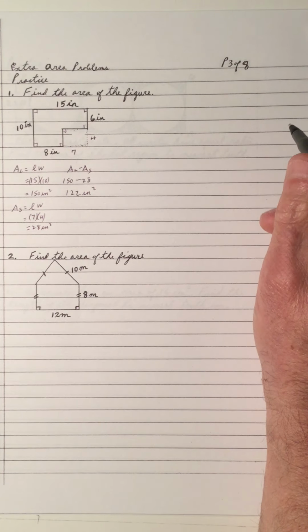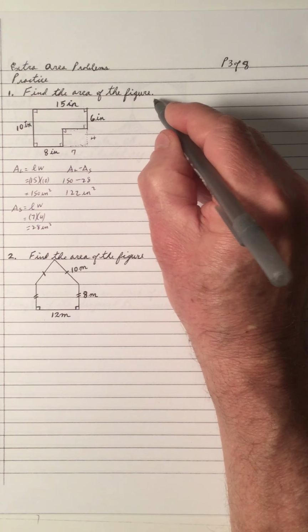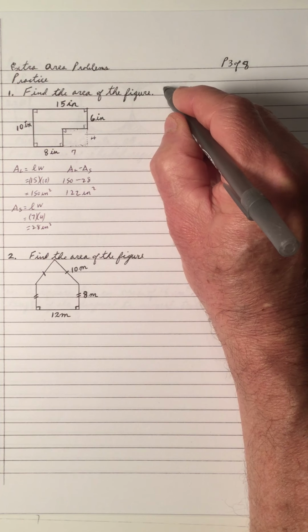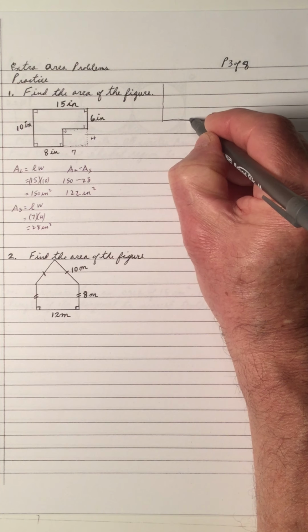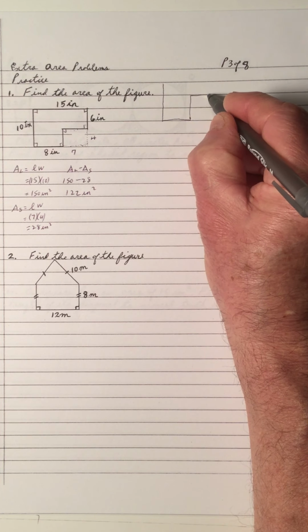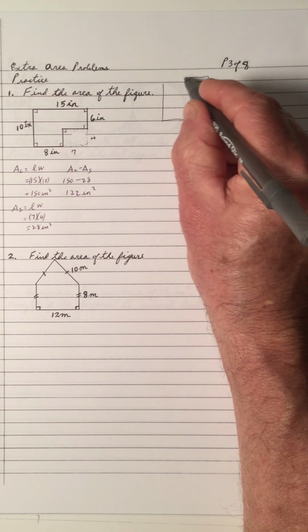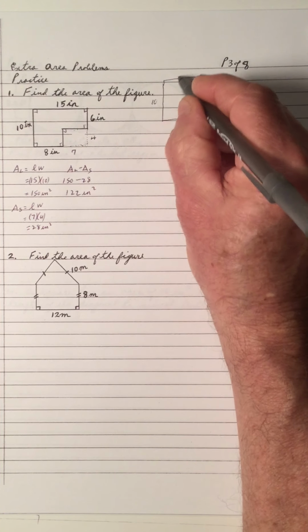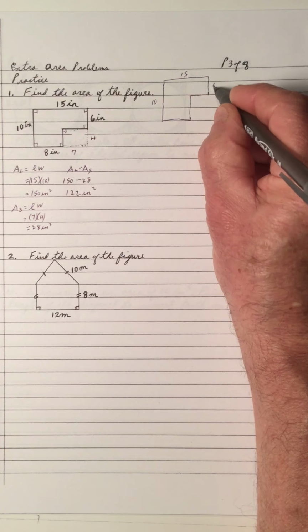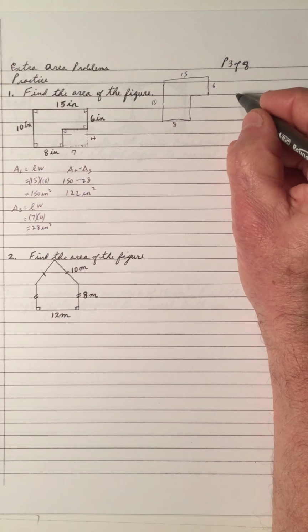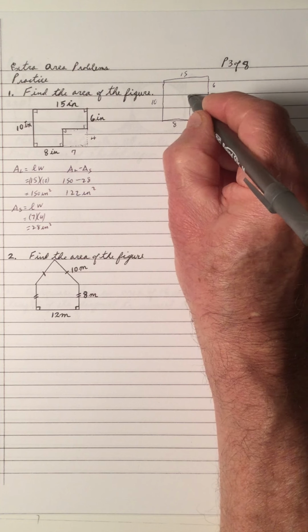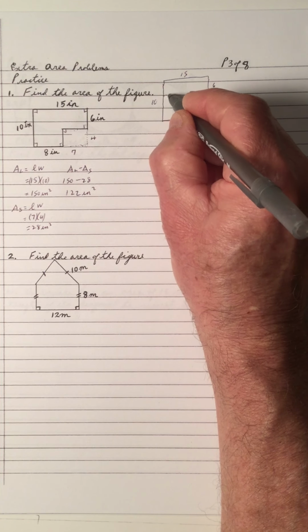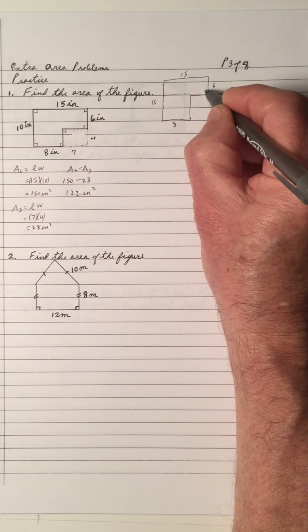There is another way to do this, and let me draw the diagram up here higher so I can use it. So let's redraw this diagram, not exactly as is. So we have a 10, a 15, a 6, and an 8. Another way to do this would be to separate the figure into 2 different rectangles.